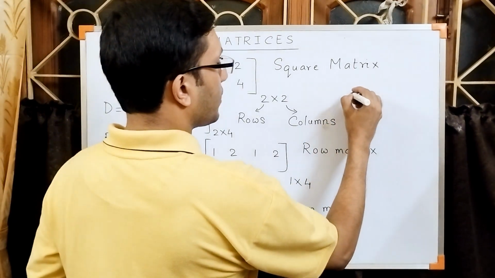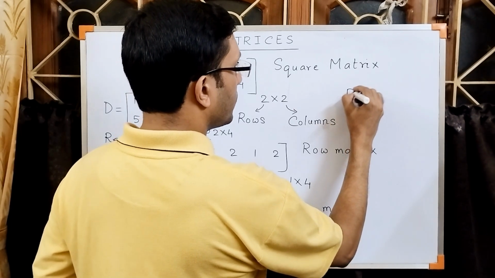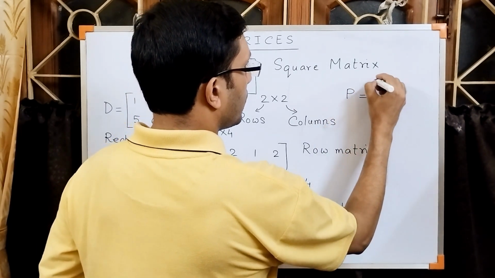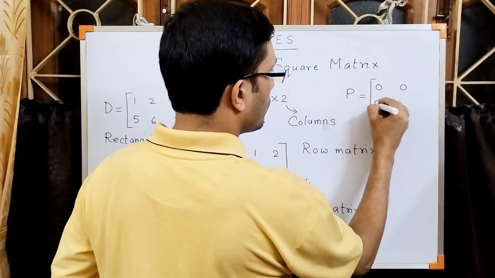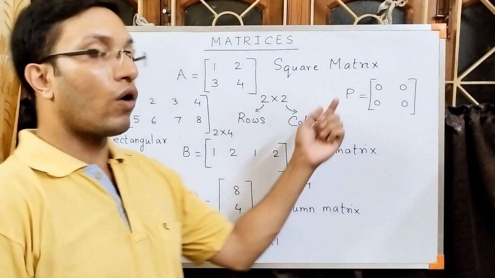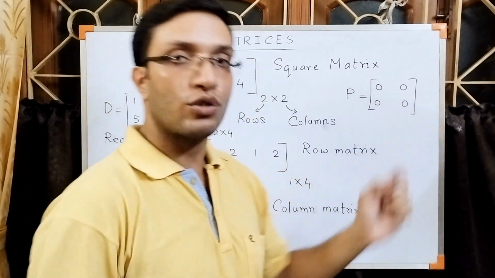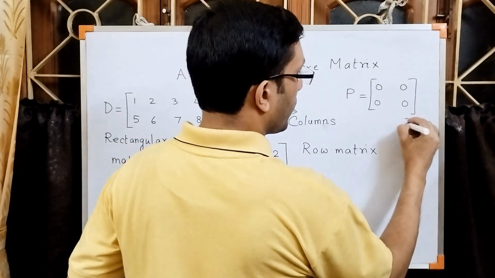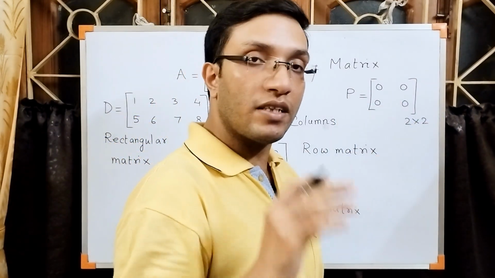Suppose I write a matrix, let's say P, like this: 0, 0, 0, 0. Here all the elements are 0 and the order of this matrix is 2 cross 2. So this is a square matrix where all the elements are 0.